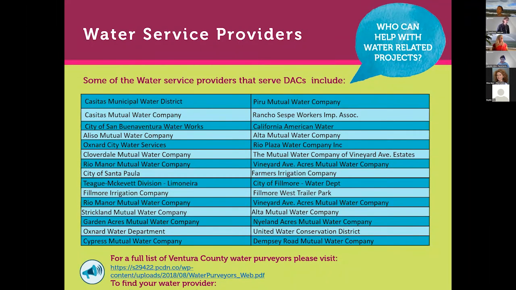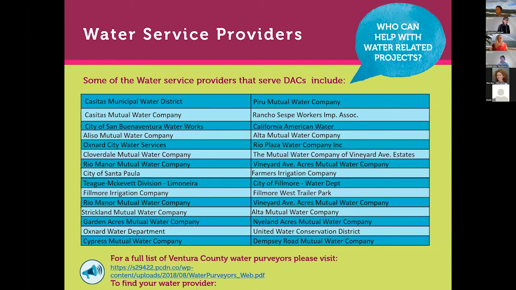So we have, as I said, a lot of water providers. The important first step of our grant a couple of years ago was to identify all of our underserved communities that fit in as disadvantaged communities as defined by the state, which is a median household income designation.